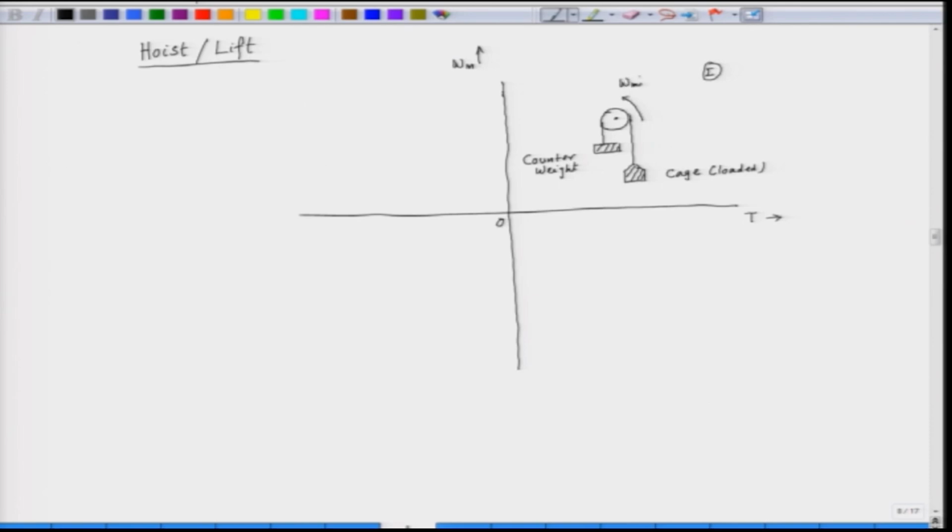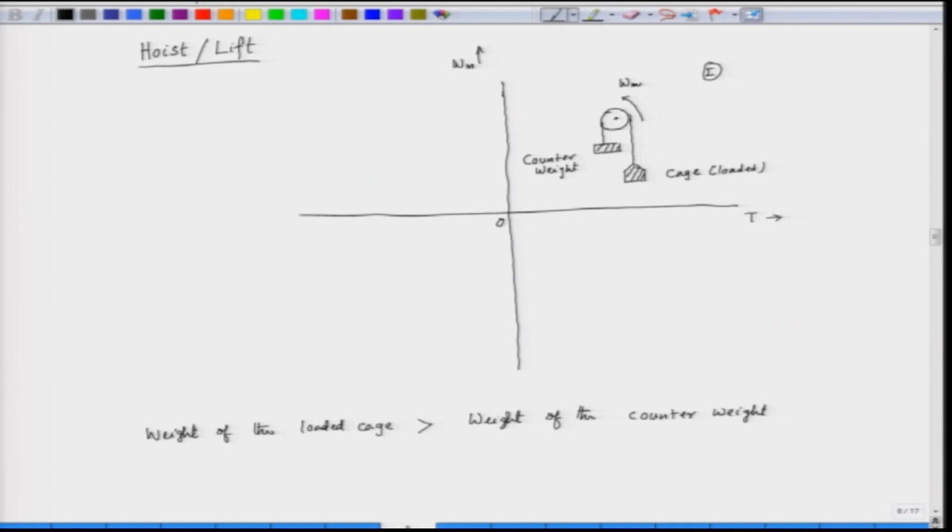And our condition here is that the weight of the loaded cage is greater than the weight of the counterweight.